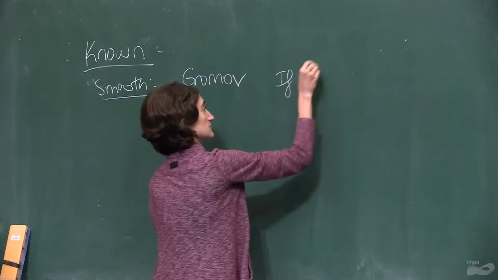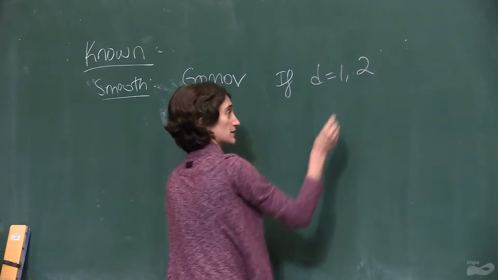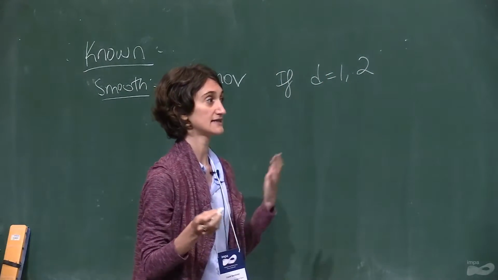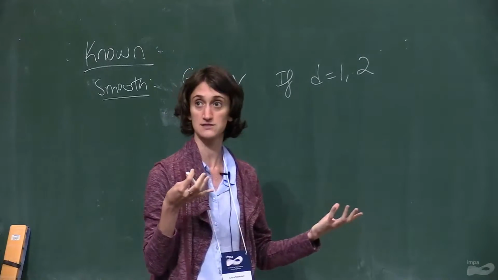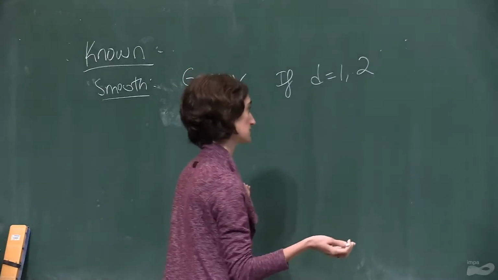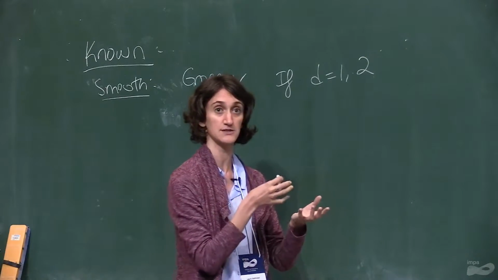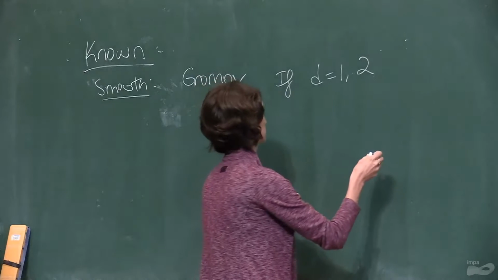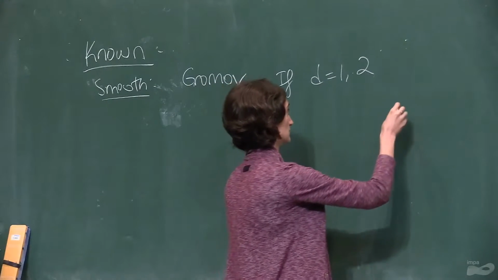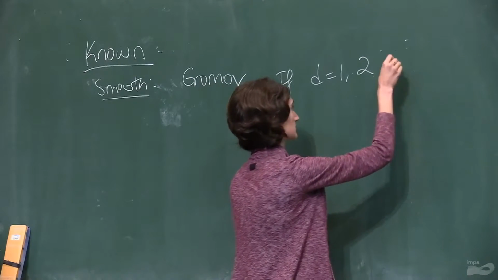So if the degree is 1 or 2, then the answer is yes. Any two symplectic surfaces of degree 1 or 2, if they're both the same degree, will be connected to each other through symplectic surfaces of that same smooth degree.